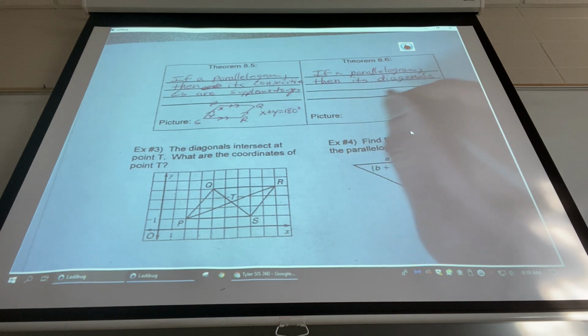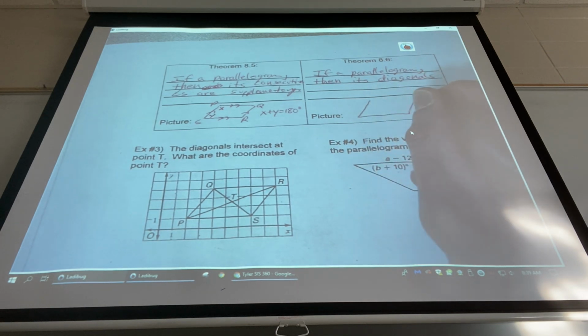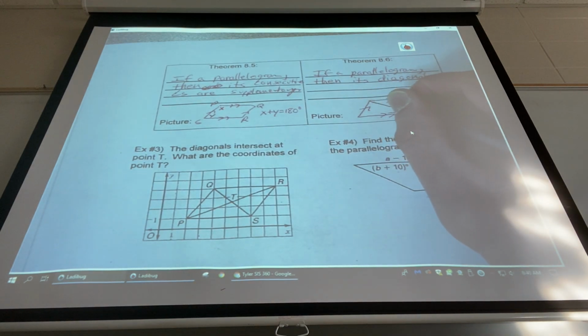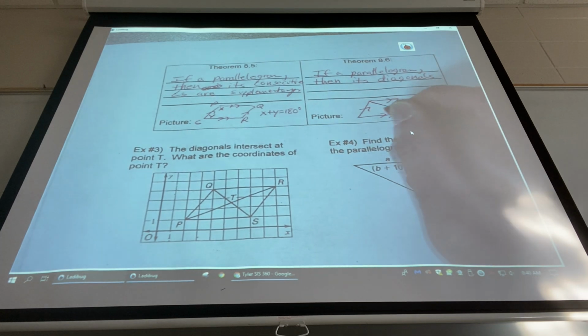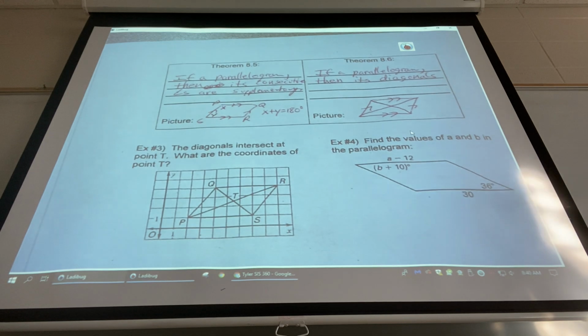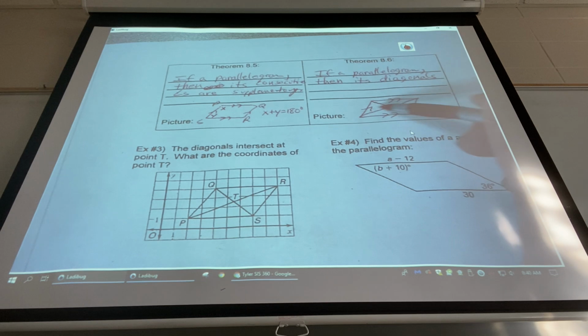If you've got a parallelogram and you draw the diagonals in, take a guess at what happens with the diagonals. Opposite triangles are congruent. I think that might be right, but that's not what we're getting at. We're going to say something specifically about the diagonals.